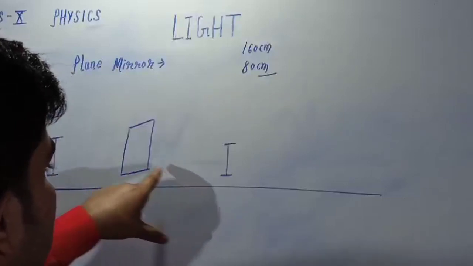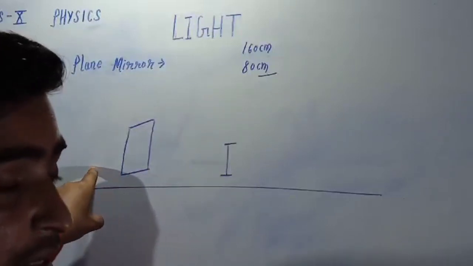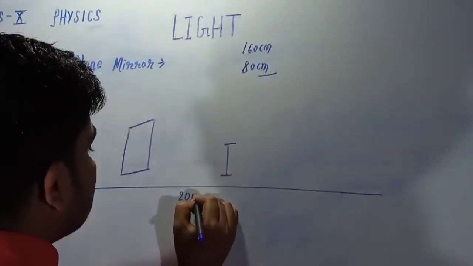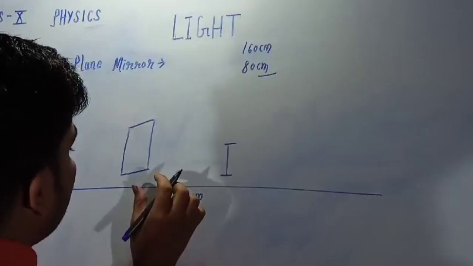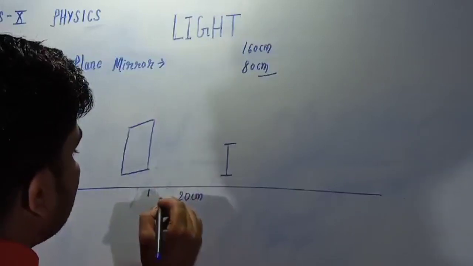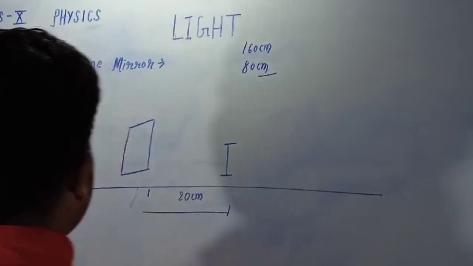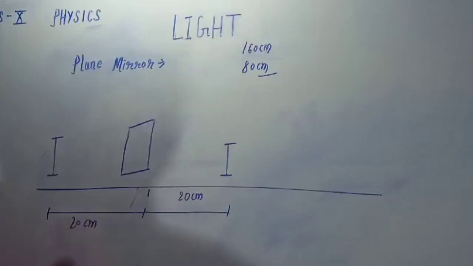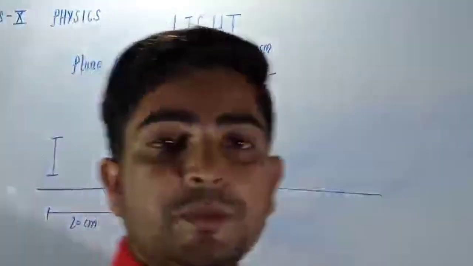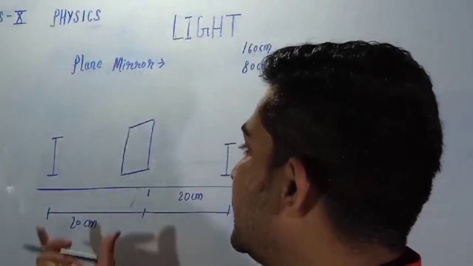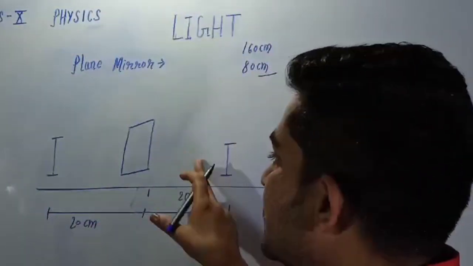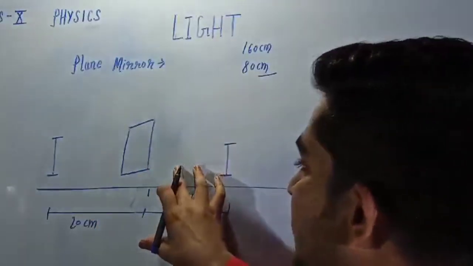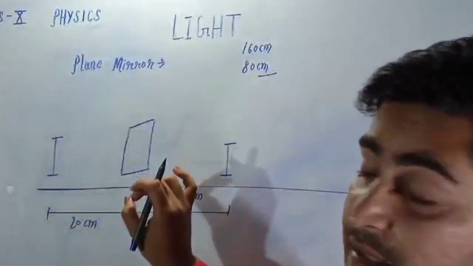That is, object distance is equal to image distance, always in a plane mirror. If this is 20 centimeters from mirror to object, it will also be 20 centimeters from image to mirror. It means that the gap between the image and the object is always equal. So image distance is equal to object distance.